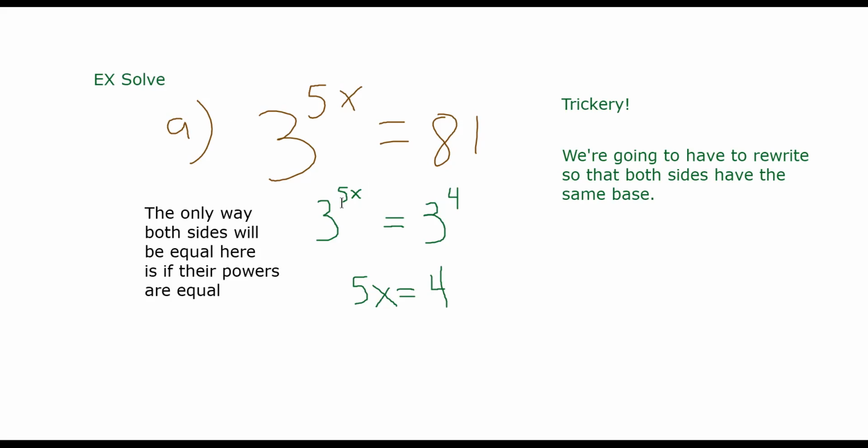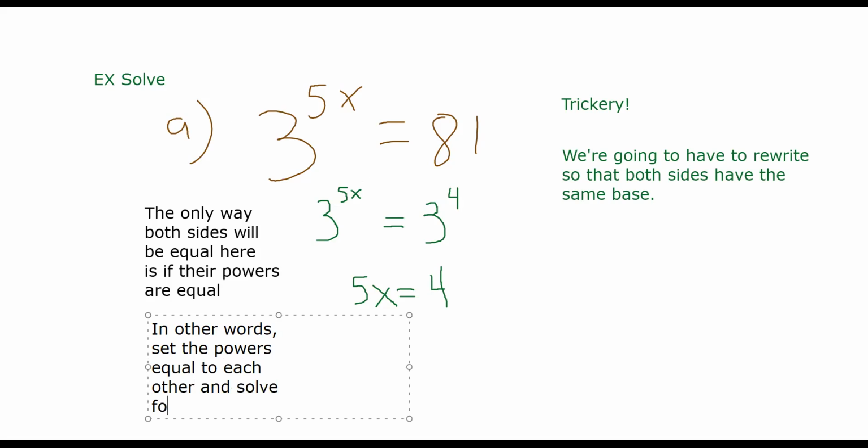Because then whatever x I plug in here, it's going to give me the same thing here as it's going to give me here. In other words, set the powers equal to each other and solve for x. And that's just based off pure logical reasoning.